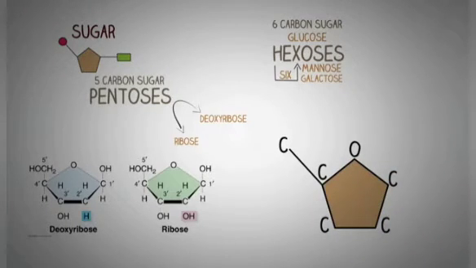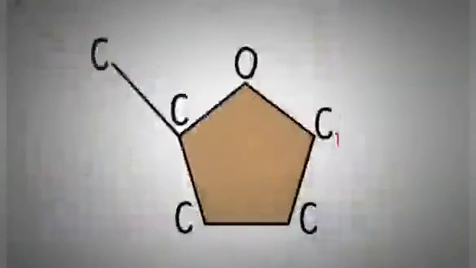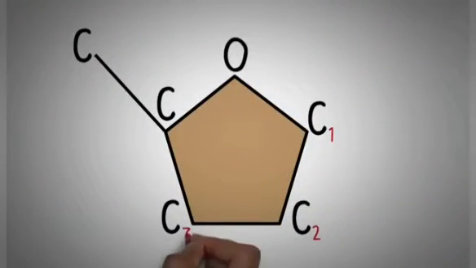You can also see in this chemical structure that the carbon atoms are named from 1 to 5 in a clockwise direction. The carbon atom next right to the oxygen is called C1, then C2, C3, C4 and C5. C5 is located outside the ring.